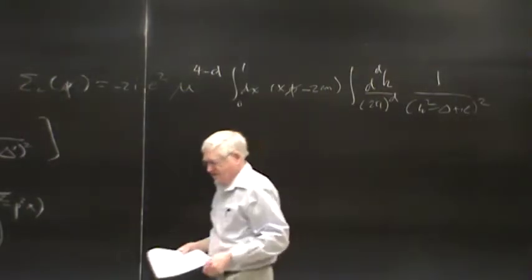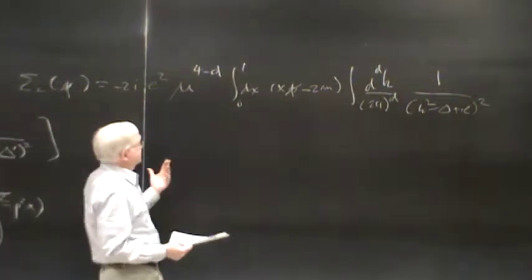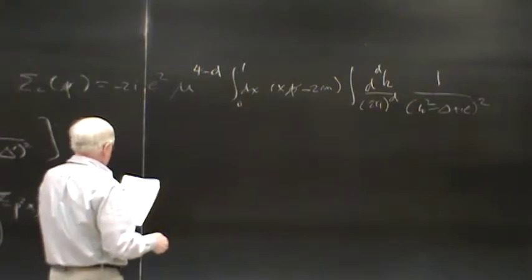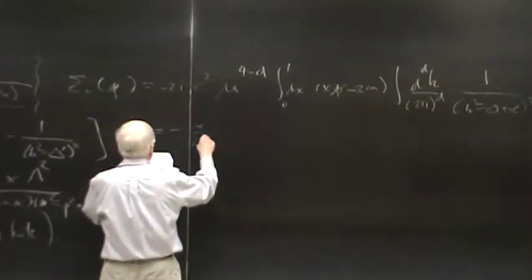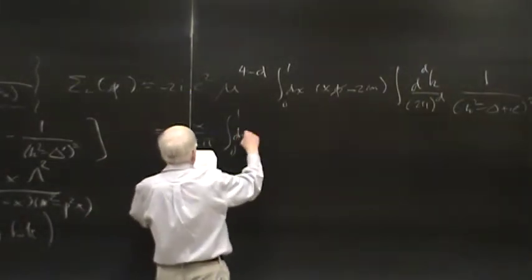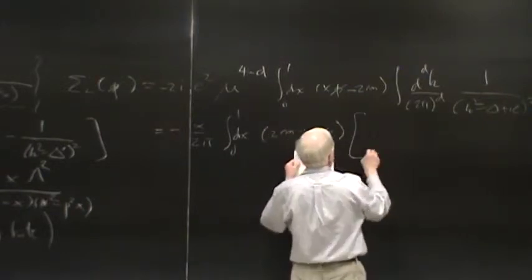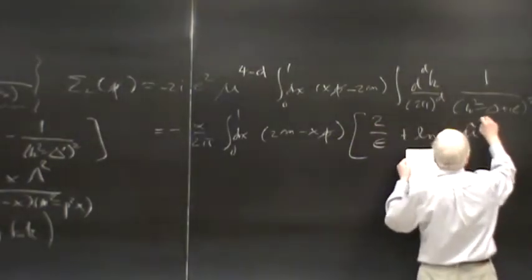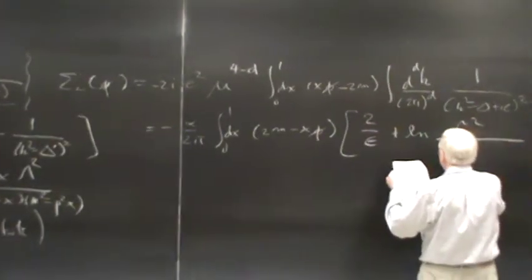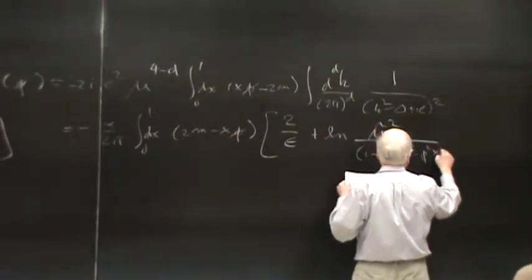So the next thing is do the Wick rotation and then integrate pretending that d is not 4. And then what you get is minus alpha over 2 pi, integral 0 to 1 dx, (2m minus x p-slash), 2 over epsilon plus log u tilde squared over 1 minus x squared minus p squared x.